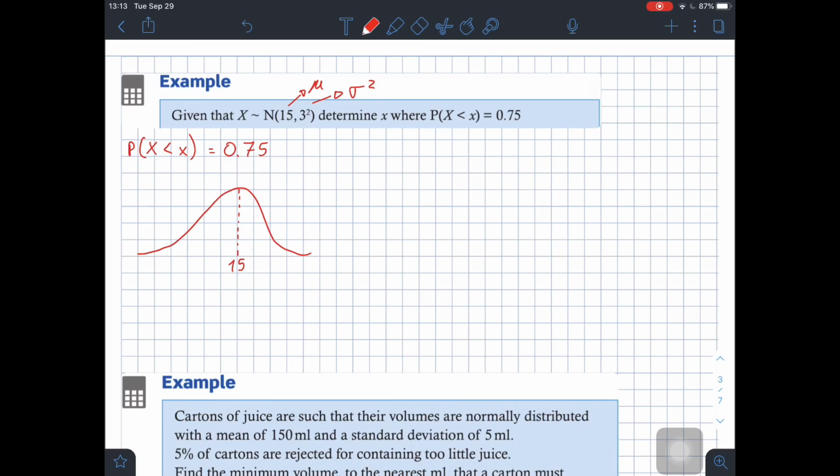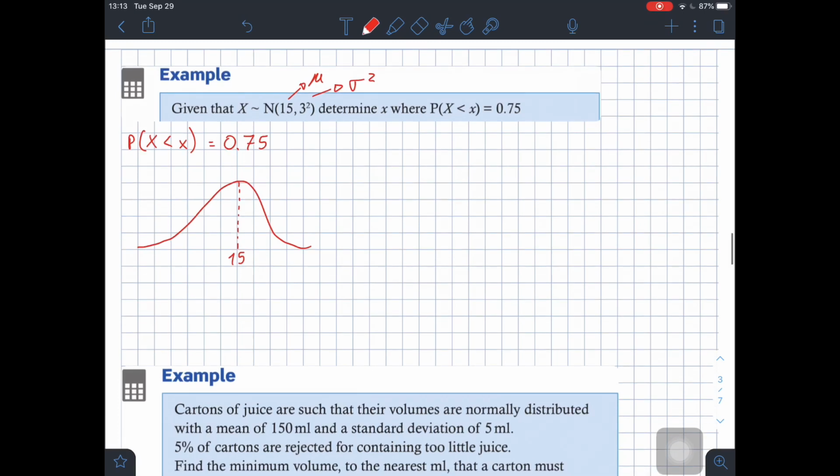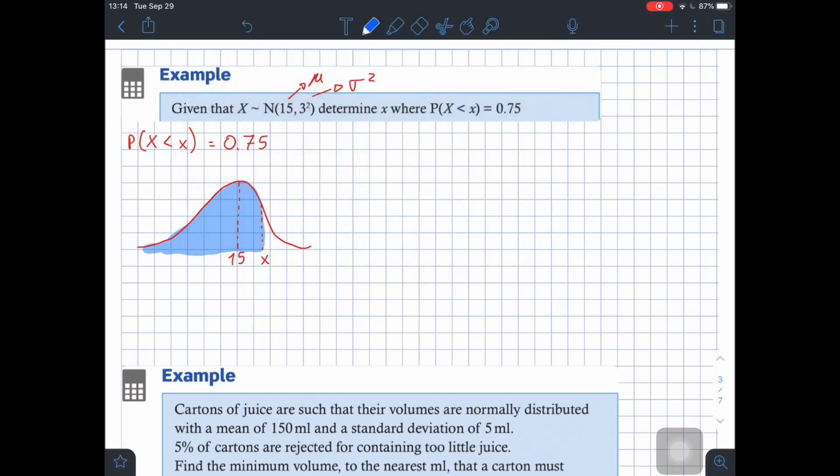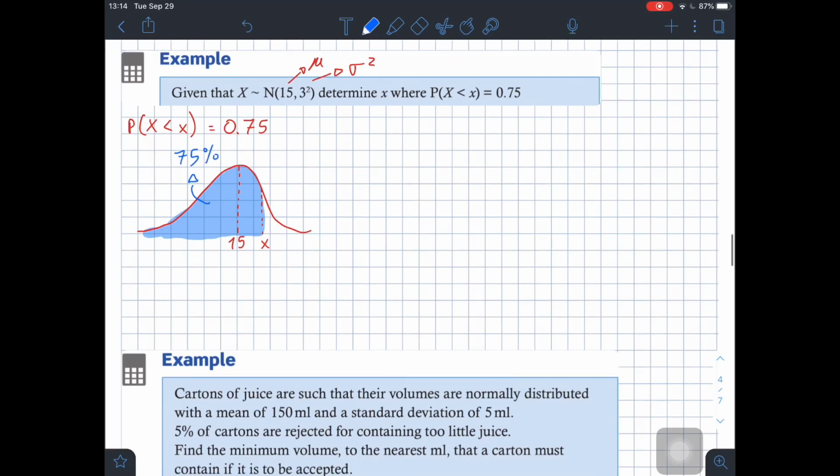That means that this value of x should be somewhere to the right of the mean, right? So somewhere around here, I would put the value x. And I'm looking for that value such that all of this area below the curve represents 75%, right? So I want to write here that this is 75%. Okay, so with this sketch, we know exactly what we need to do.